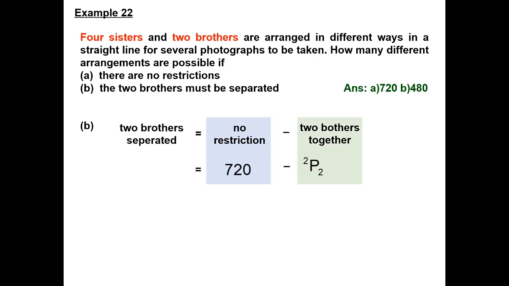For the permutation of the 2 brothers together, we need to arrange the 2 brothers first and we get 2p2 or 2 factorial. Next, we take the 2 brothers as one unit and arrange them along with the 4 remaining sisters. So we get 5p5 or 5 factorial. So the answer is 480 arrangements.